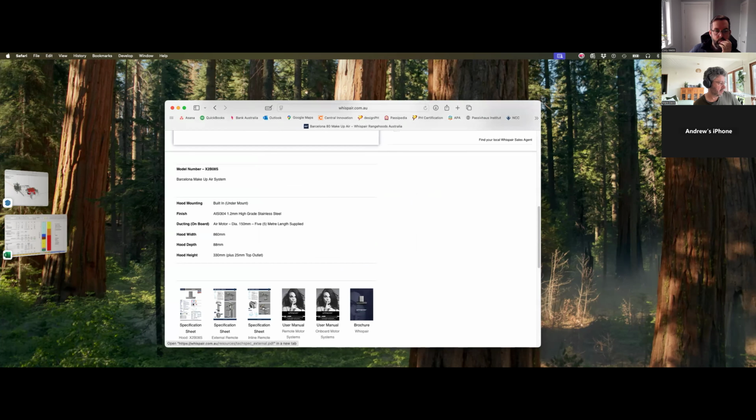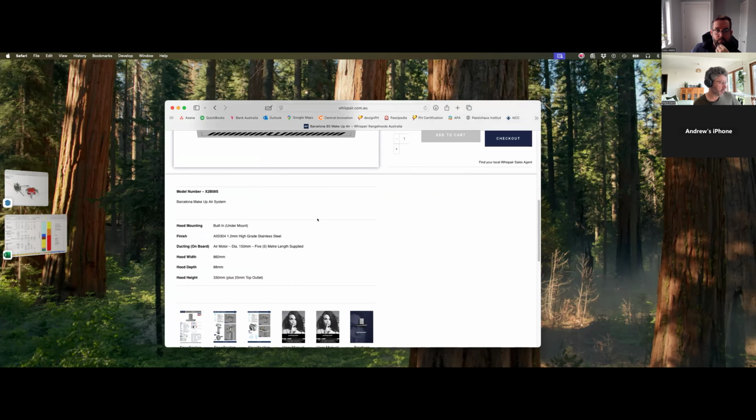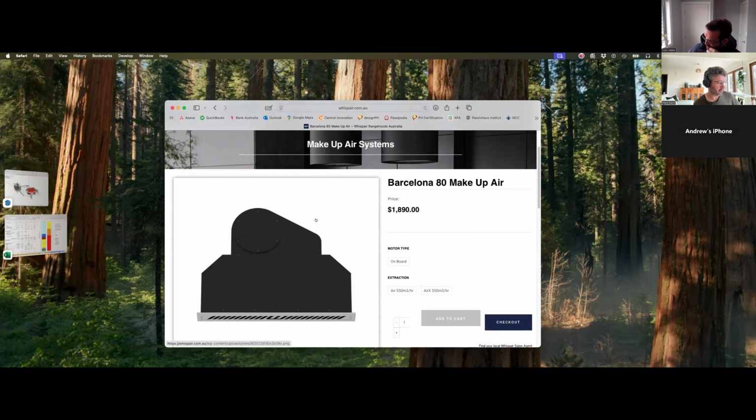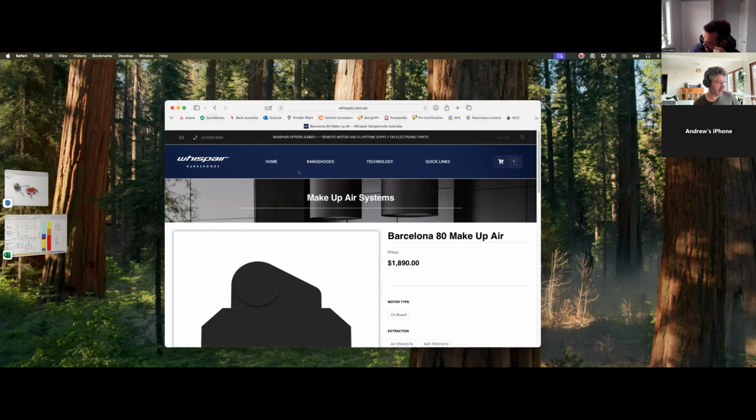Anyway, that's the only one I'm aware of that's out of the box in Australia. Other people have made up their own using inline fans with baffles and all that sort of thing. Certainly something you could do is connect it to your range hood, so when you turn one on, it turns the other on.